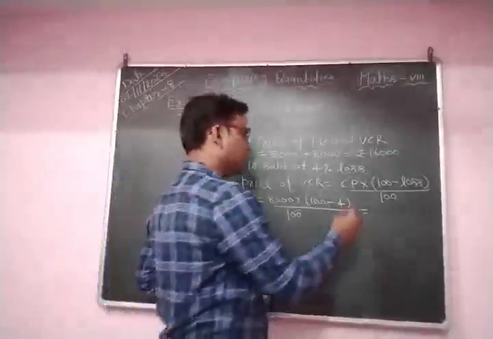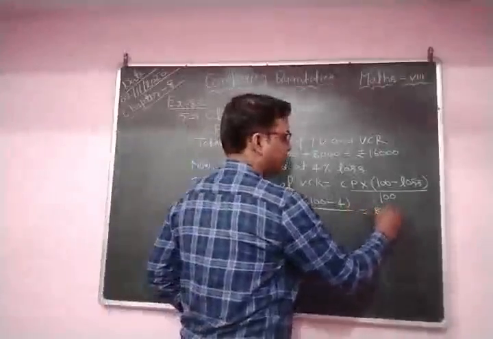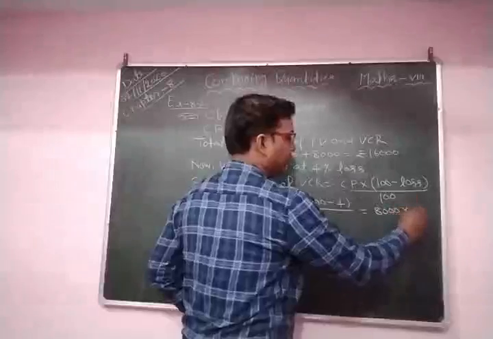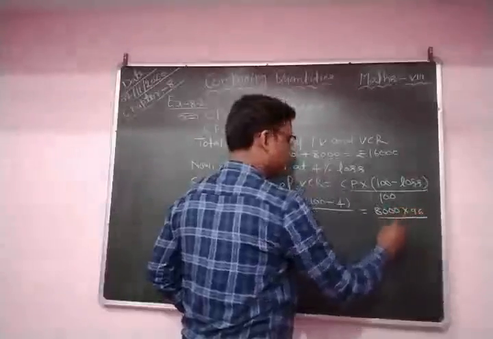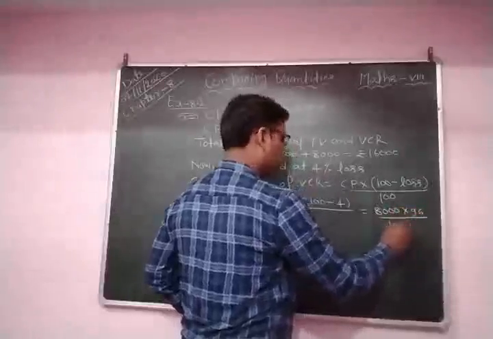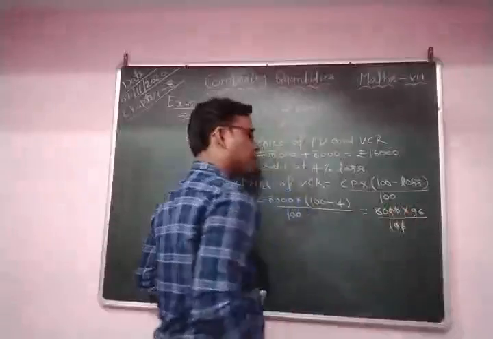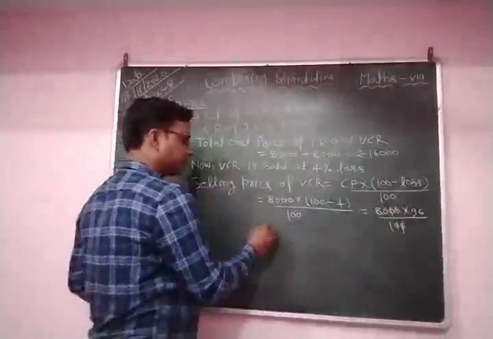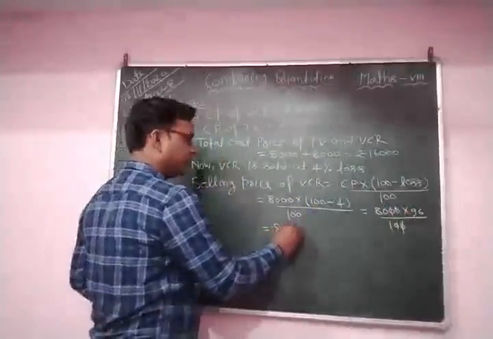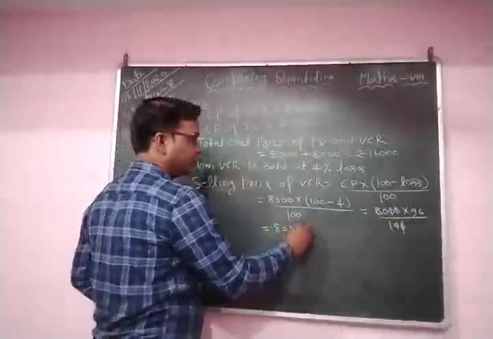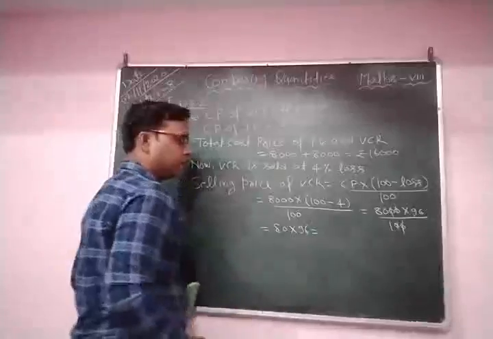So we can write 8,000 into 96 by 100. You can cancel 20 from 20, and here you obtain 80 into 96.